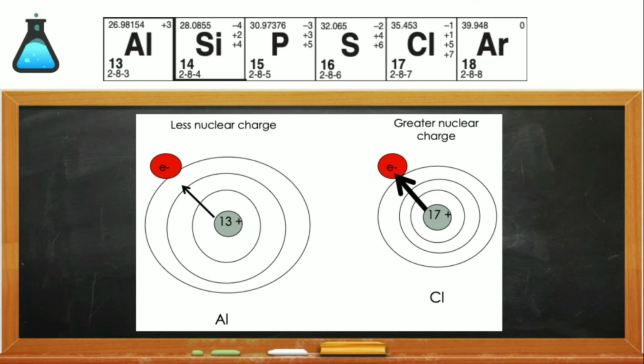But as the nucleus gets stronger, it'll be better able to attract electrons. So aluminum has a weaker nucleus, so it has a weaker attraction for electrons. And chlorine has a stronger, more positive nucleus, so it will have a greater attraction for electrons.